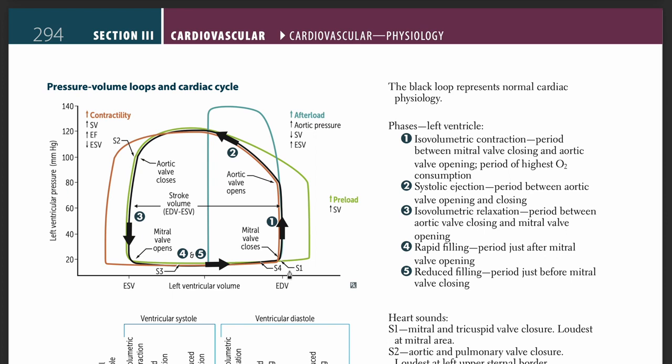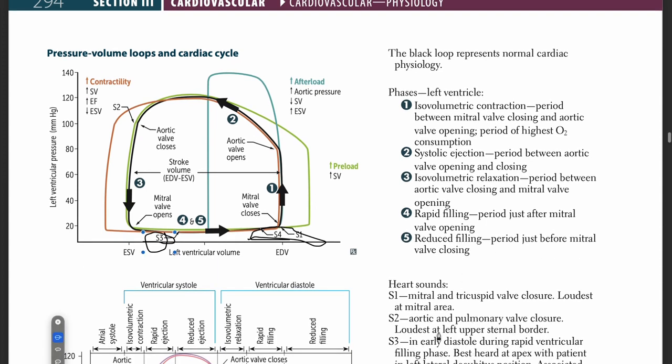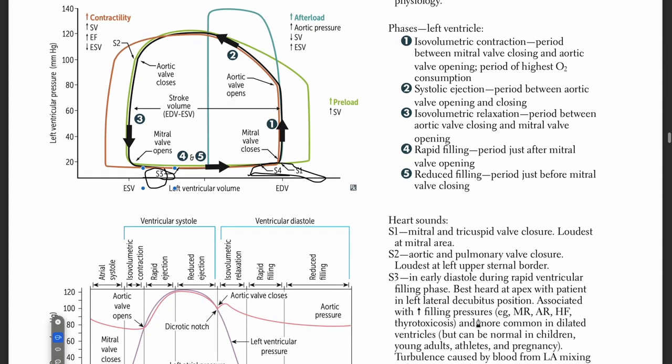So I think that's the best analogy I can come up with for that. And then S3 is just the sound of high volume. So we'll learn about that over here. Okay, we're done with that.